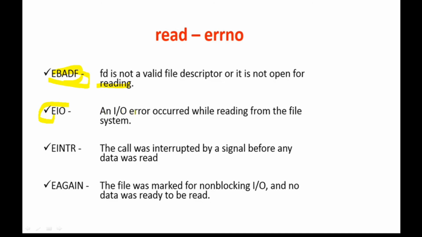Here an I/O error occurred while reading from the file system. Then EINTR, interrupt: this call was interrupted by a signal before any data was read. Then EAGAIN: the file was marked for non-blocking I/O and no data was ready to be read there.